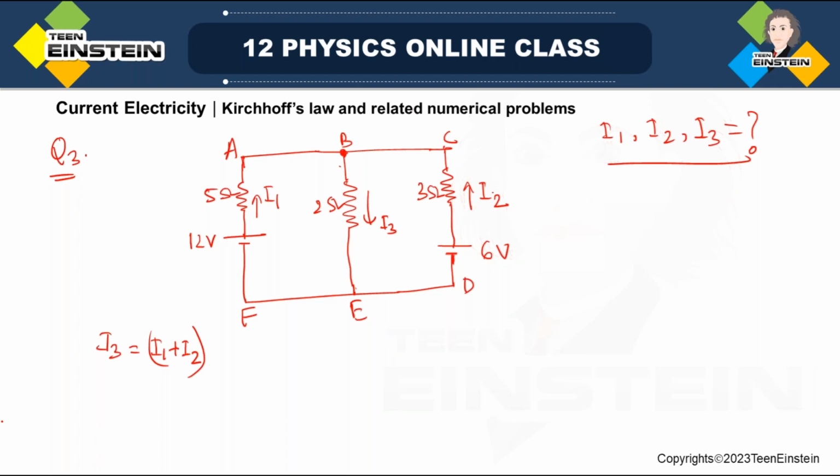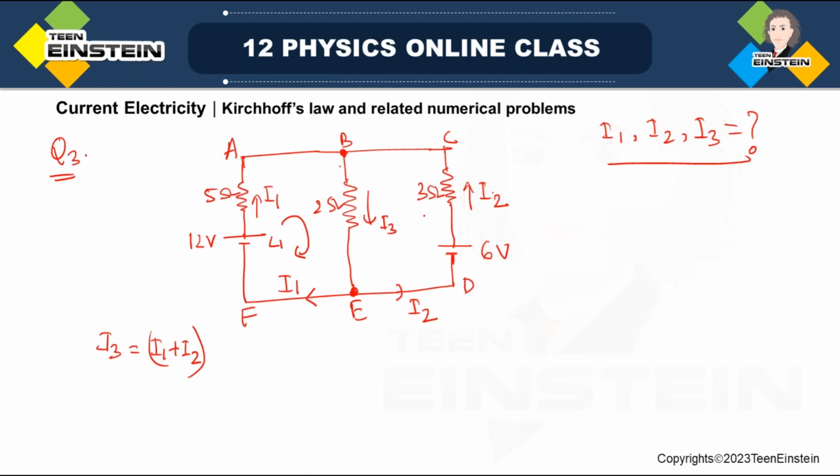So this is what we'll take. Then at this particular point, the current will be divided into two branches. B to E, the current will come as the sum of I1 and I2, and after E, again the current will be branched.